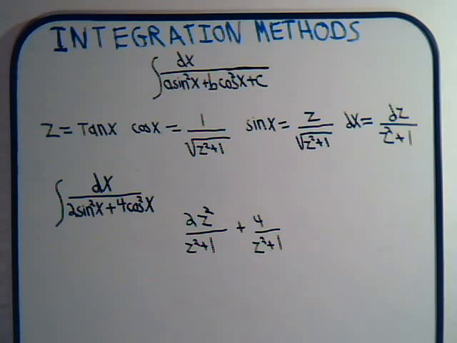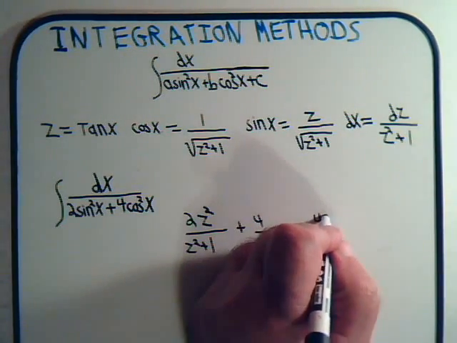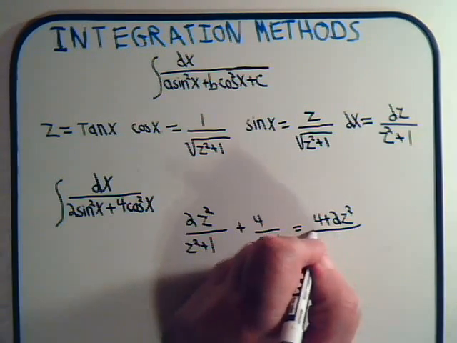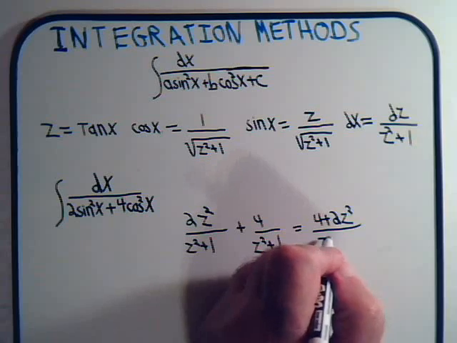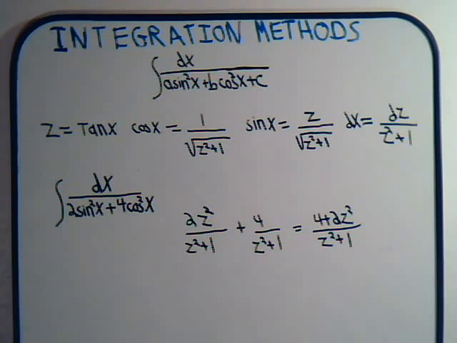So this is just going to come out to be equal to 4 plus 2 times z squared divided by z squared plus 1. And this is in the denominator of this integral.